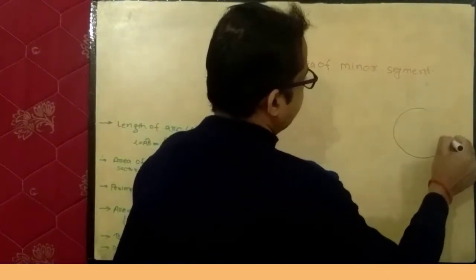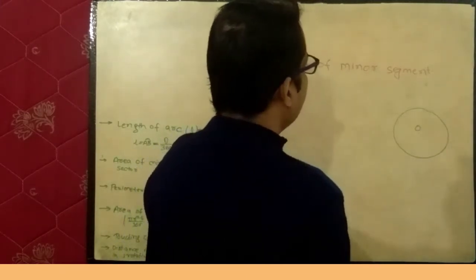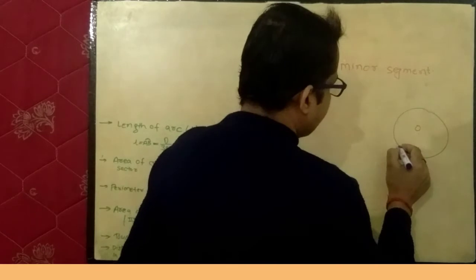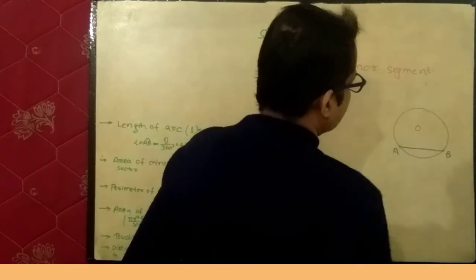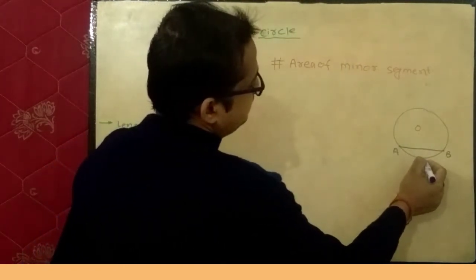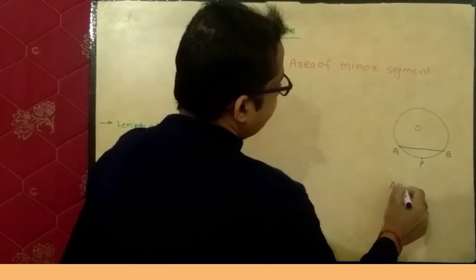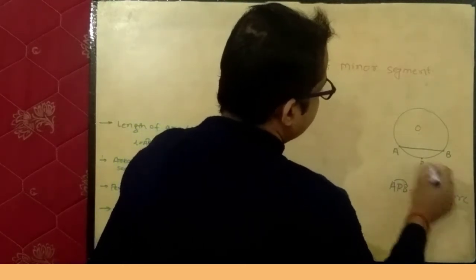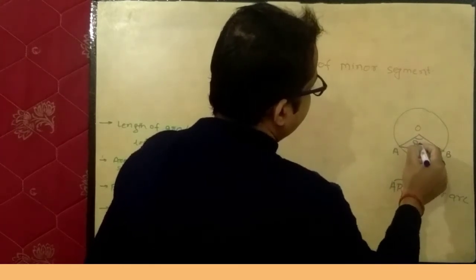So in order to calculate this area, suppose this is a circle having center O, and this is chord AB. This is APB, minor arc, this is making an angle of theta degree at center.